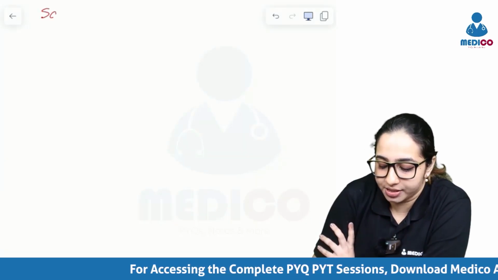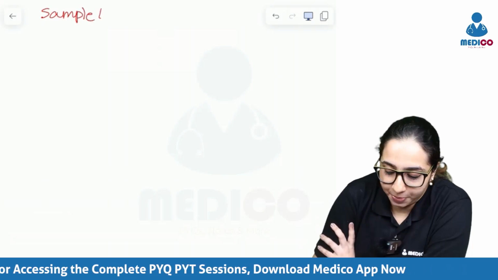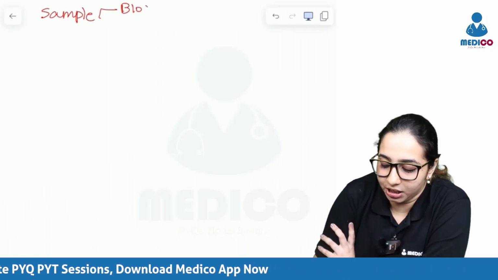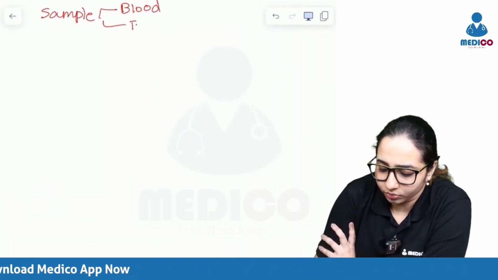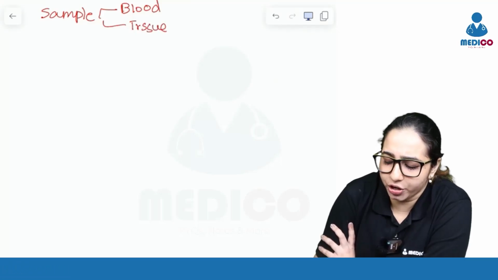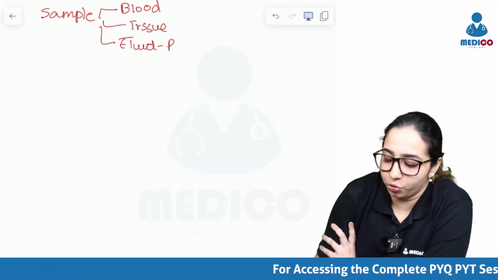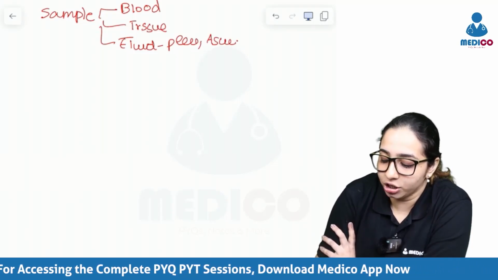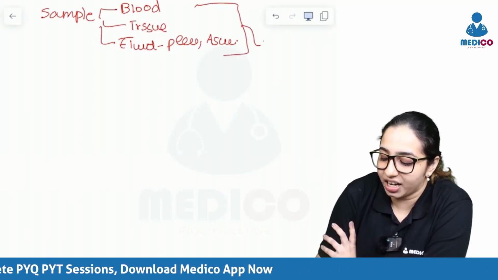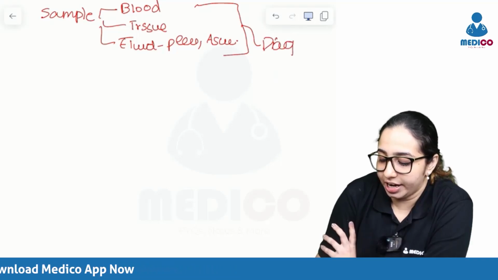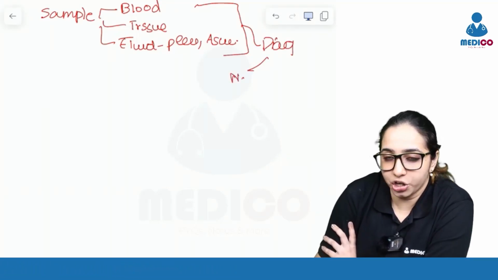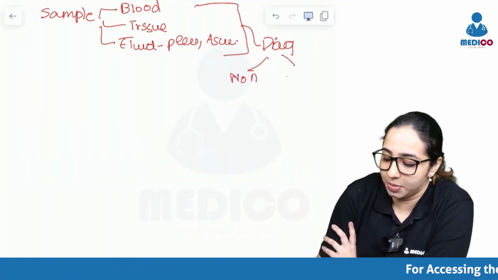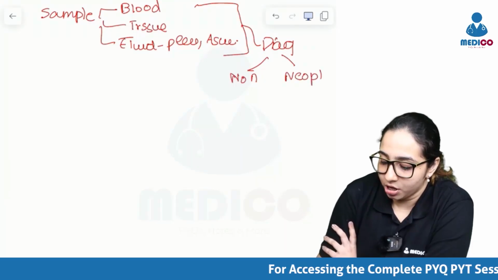We get samples. It may be blood, it may be tissue, or it may be fluids of some sort, like your pleural fluid, your ascitic fluid, and all. And on the basis of this, we diagnose what the condition is. And it may be non-neoplastic, benign, or it may be neoplastic.